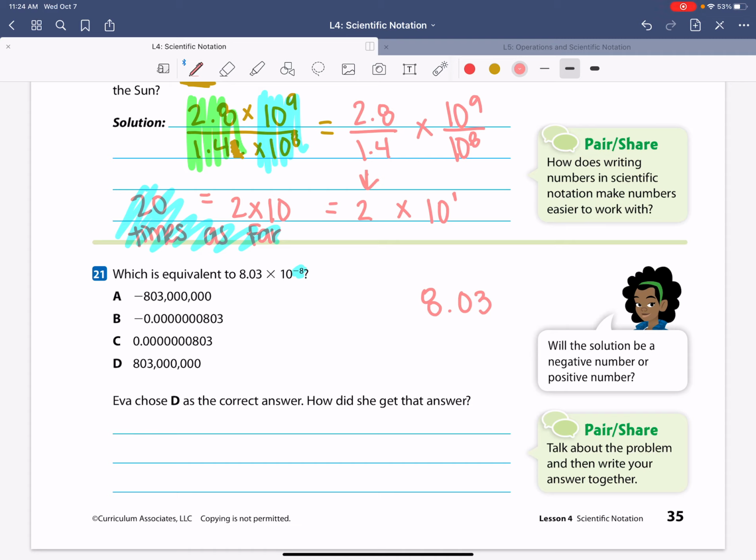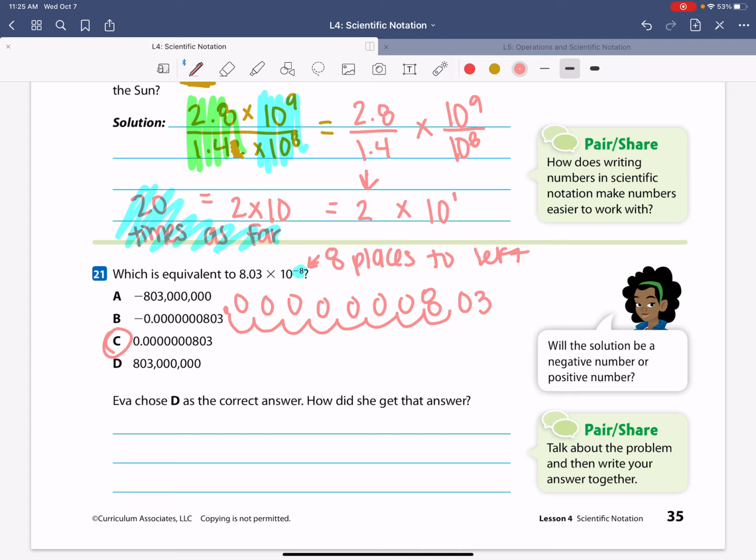And we're actually going to move our decimal point 8 places, of course, to the left. Let's do that. 3, 4, 5, 6, 7, 8. You have your decimal and all of these zeros. So we actually will have 7 zeros in front of our 8. And that is C.